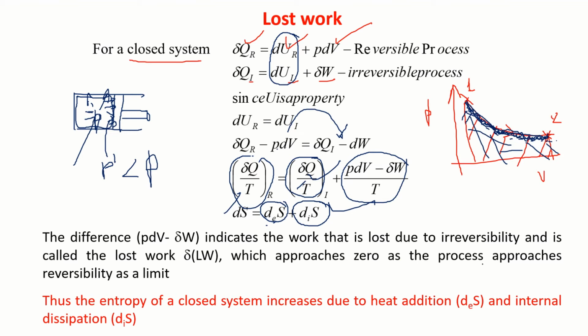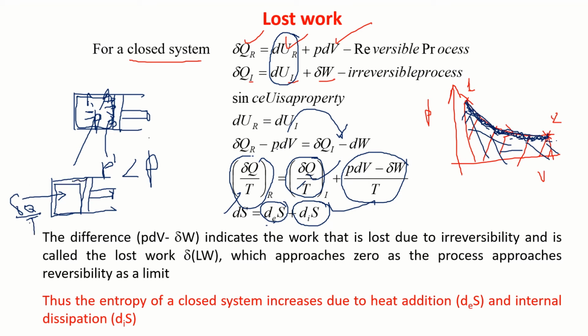Please remember that also deS, diS meaning. So you consider again this piston cylinder arrangement. Say this is the system. With the system, you are transferring heat with a finite temperature difference, delta Q by T. This is this value, deS.